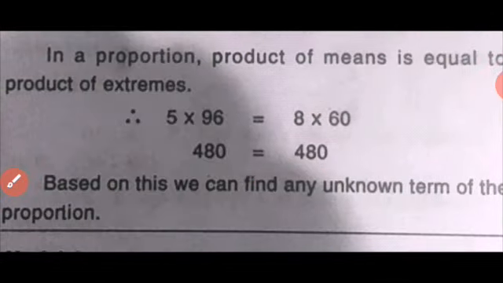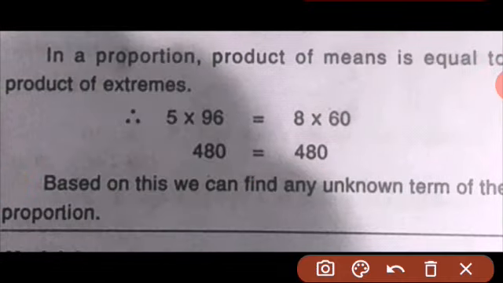In a proportion, if you multiply the two extremes and multiply the two means, the answer will be the same, 480. 5 into 96 equals 8 into 60, that is 480 and 480.